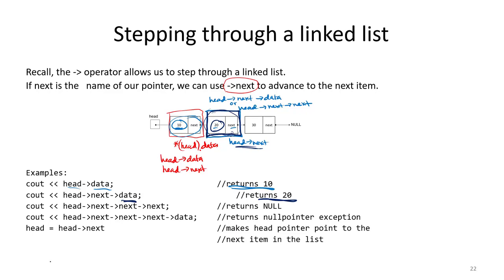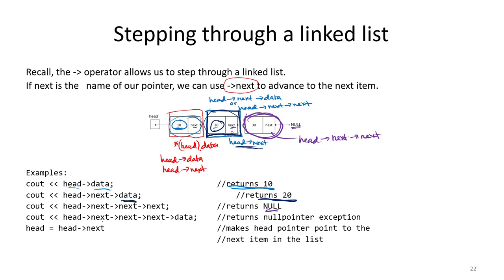Finally, if we keep going, we see that our third node can be accessed using head arrow next arrow next, because head arrow next points at that third node. So head arrow next arrow next would return the null memory address because we're pointing at null.